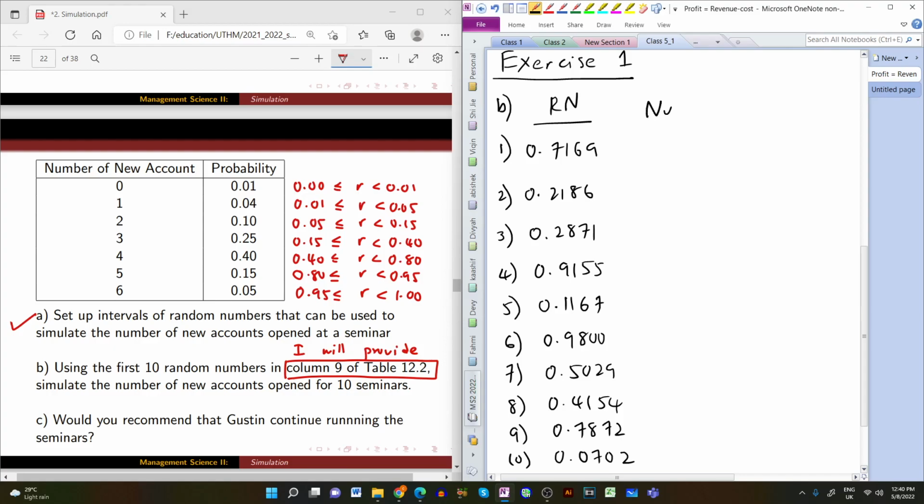Now the number of new accounts, number of accounts opened. Now 0.7169. 0.7169 is where? Here. So you open 4 accounts here. For seminar 2, 0.21.